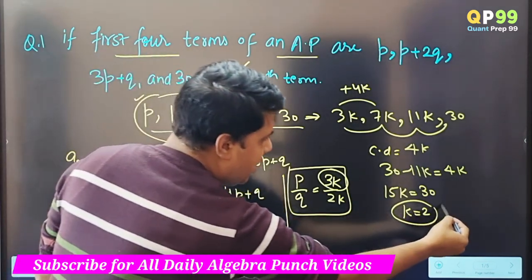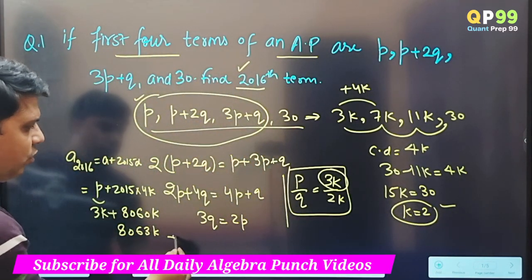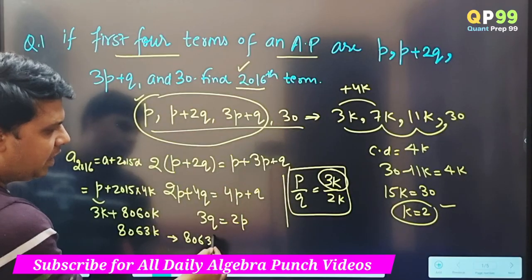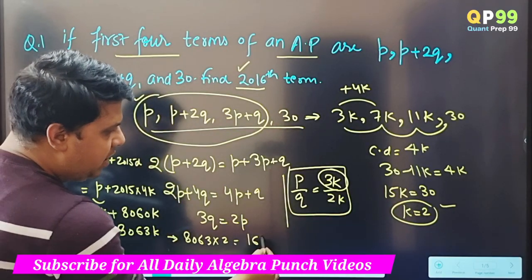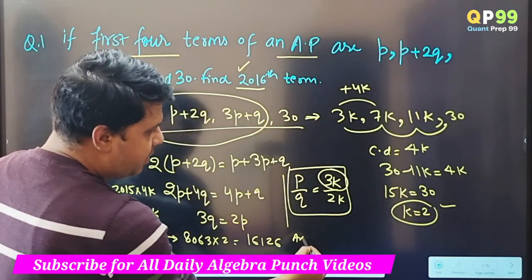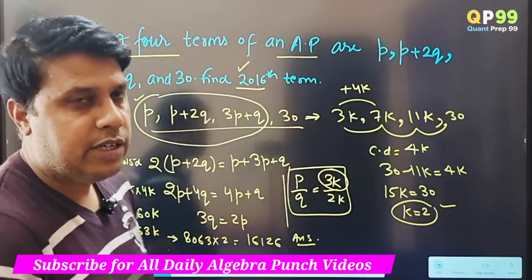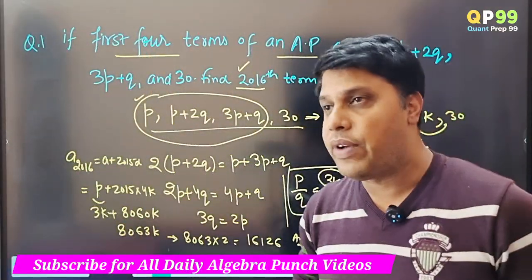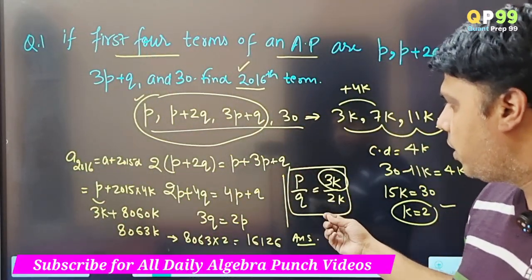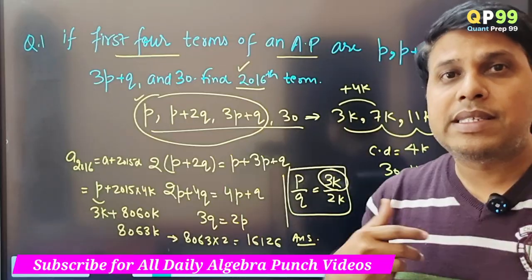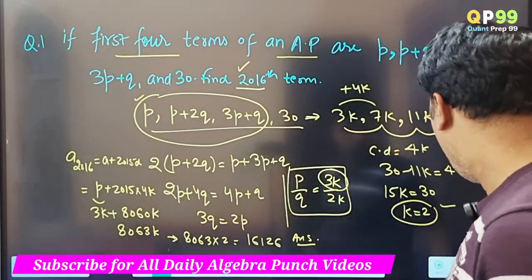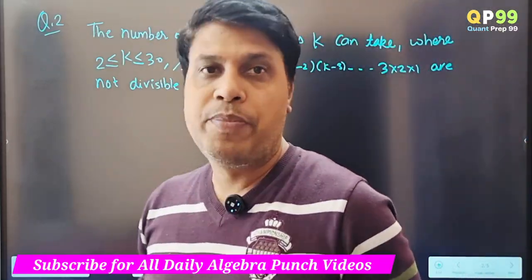Now we have the value of K as 2, so this is 8063 multiplied by 2, which is 16126. That is the right answer. I hope it is clear, right? There are other ways also, but I find this easy because I have converted P and Q into the same variable, right?